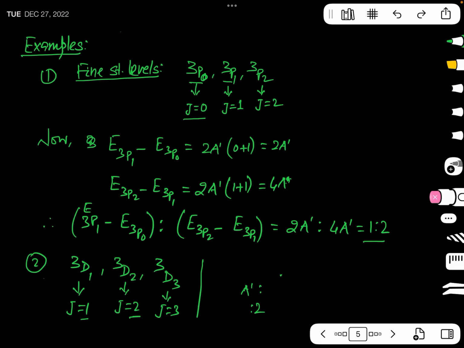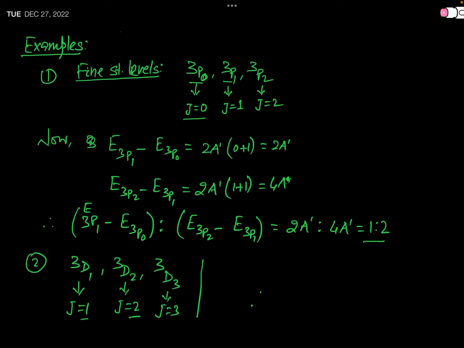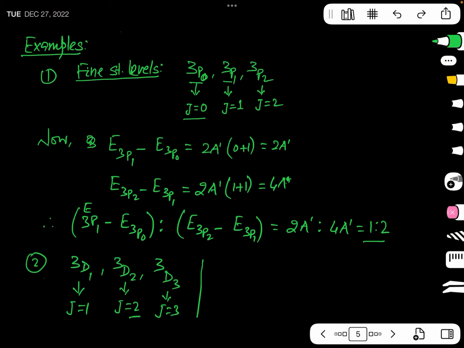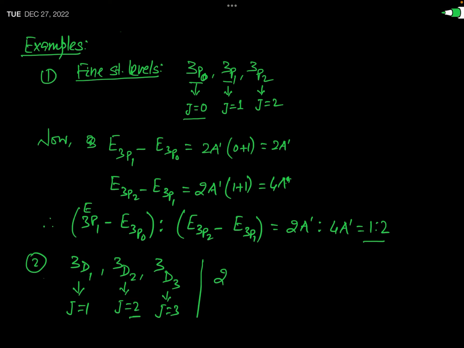No, it is incorrect. In fact, in this case, when you find the ratio, you follow a simple trick with j plus 1, and if you try by this method, then you will actually get the ratio 2 is to 3.